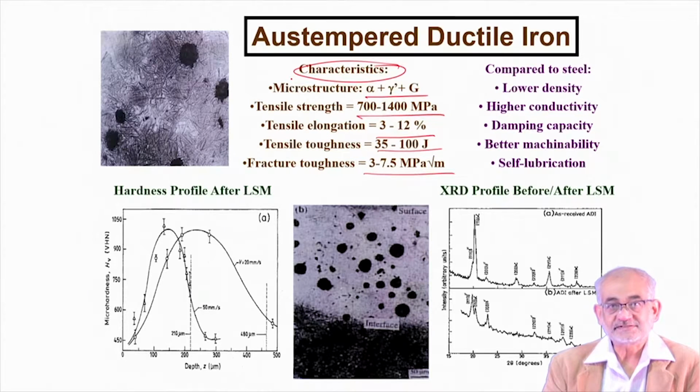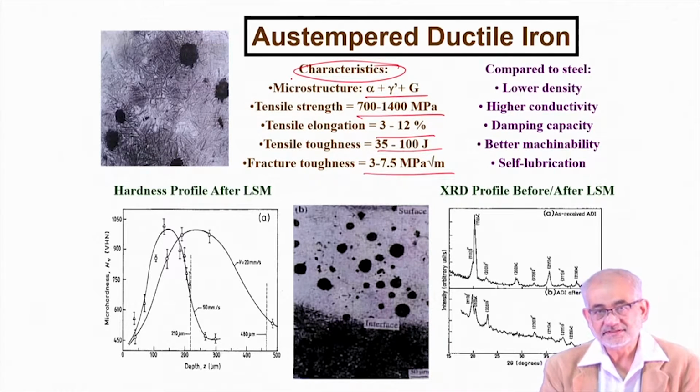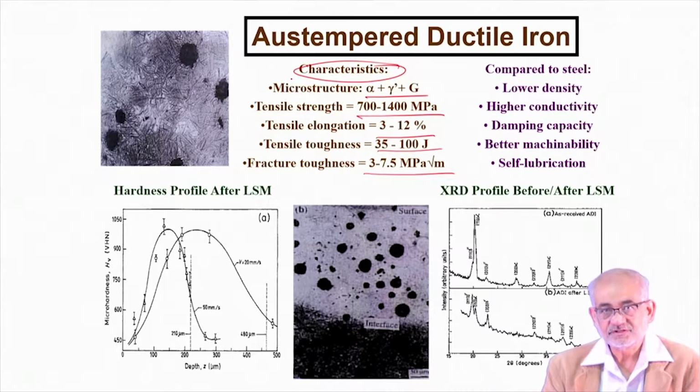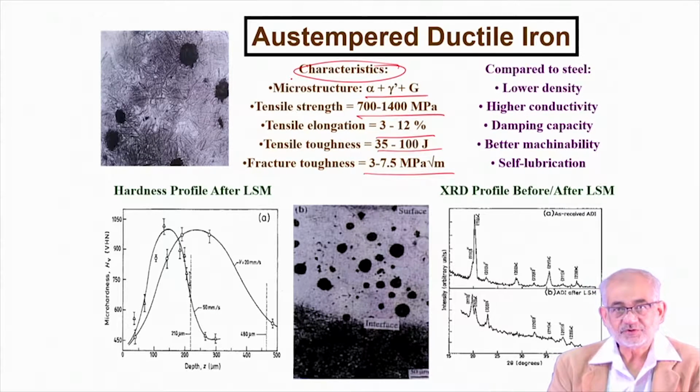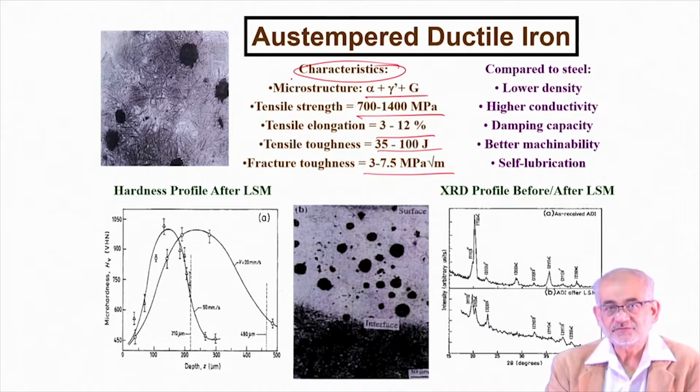That happens typically when you do it for the bulk. Even on the surface, when you convert bainite into a thin molten layer onto the surface and then allow self-quenching, you end up getting a ledeburitic microstructure, which will have not graphite anymore, but carbon appearing in the form of cementite.